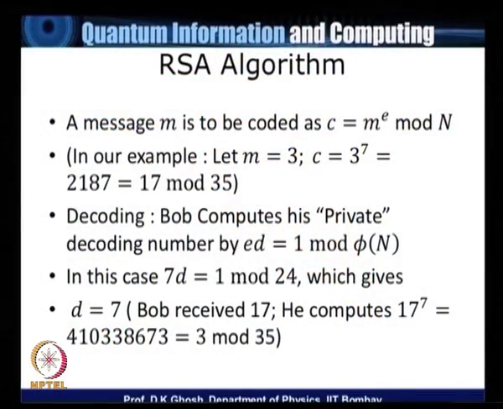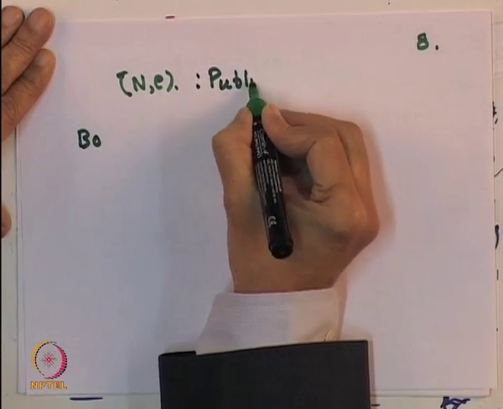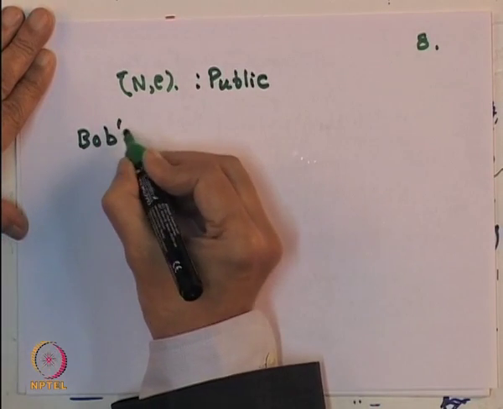But on the other hand, if it is a very large number, typically a 128-bit number, this is an impossible task because by definition of trapdoor function, the factorization is not possible within polynomial time. So Bob now has to somehow decode this number which he received. So this was public. Now Bob's private code.